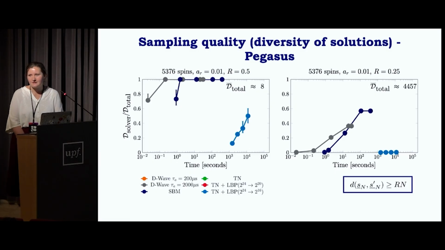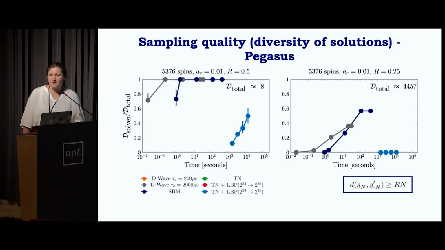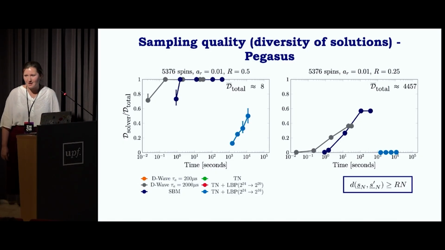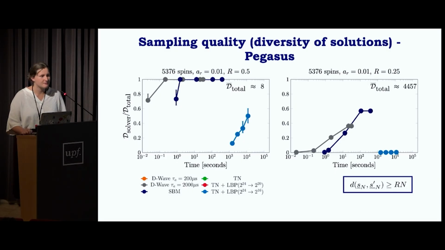And the fact that tensor networks for smaller distance threshold identify only a small fraction of those diverse states may be related to the fact that the tensor network algorithm is a deterministic algorithm. And it works with some width of search in the branch and bound method. And SBM and D-Wave are both probabilistic algorithms, so they are able to give us orders of magnitude more states in the results than the tensor networks.